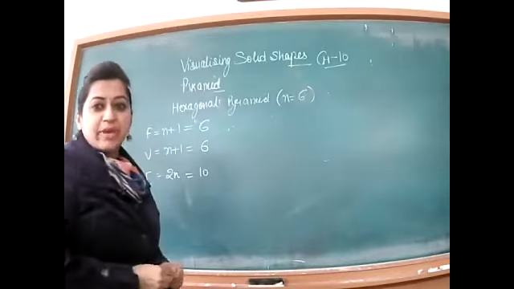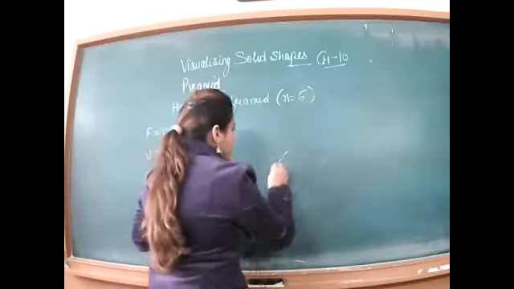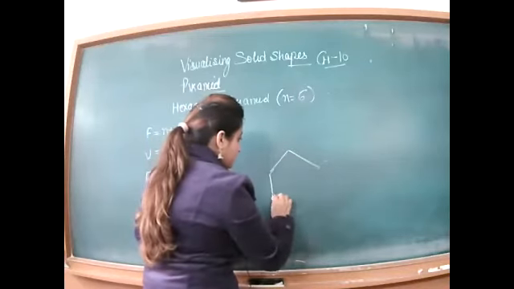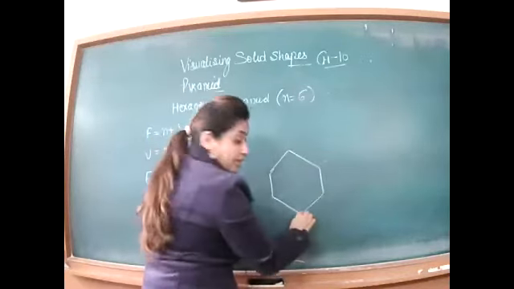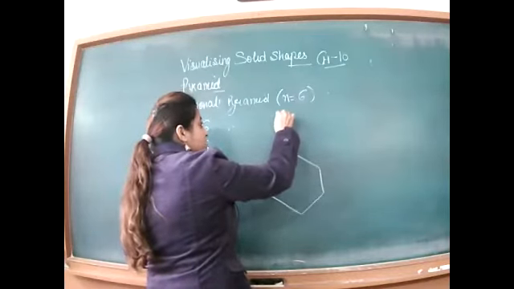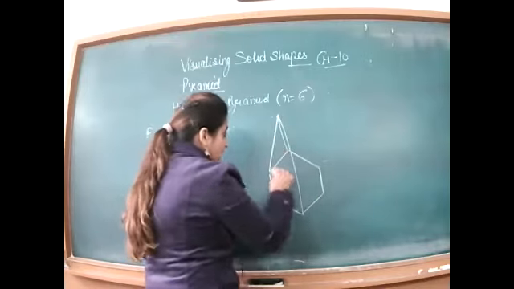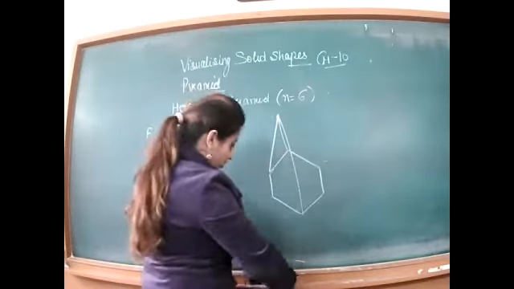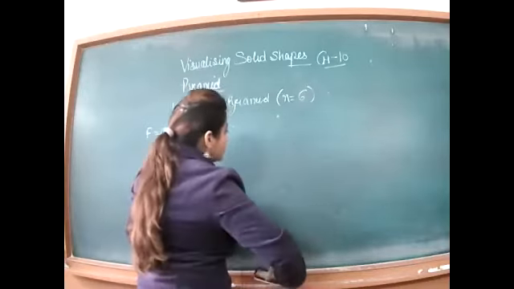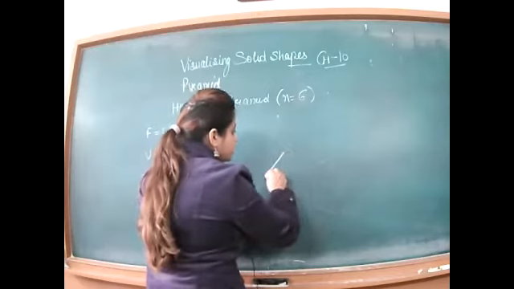The base is having 6 sides, so you will draw a hexagon here, like this. Is it okay? Now you will take one common vertex here and you will join. Actually, you will draw it a little bit slanting. Why slanting? So that both the upper edges will not meet.